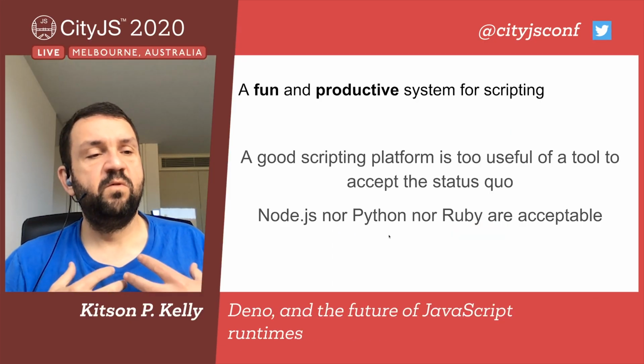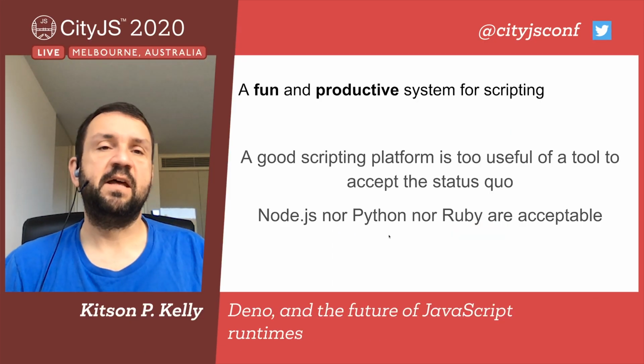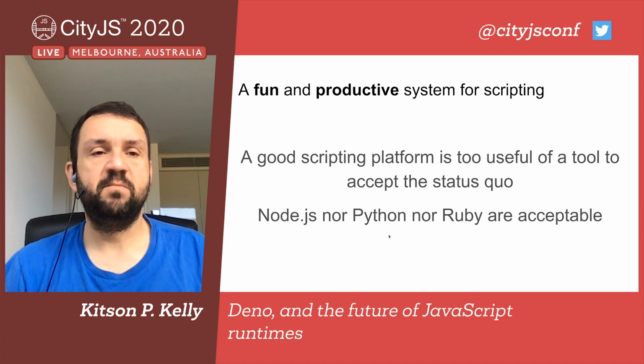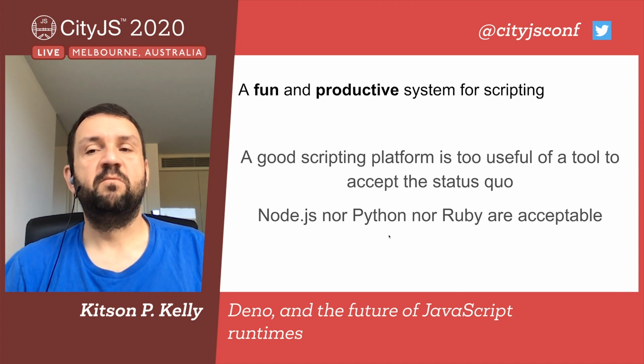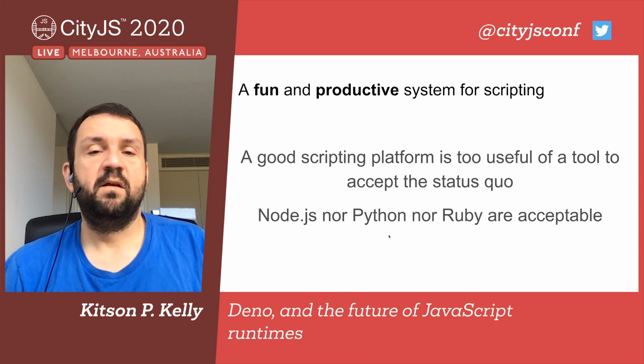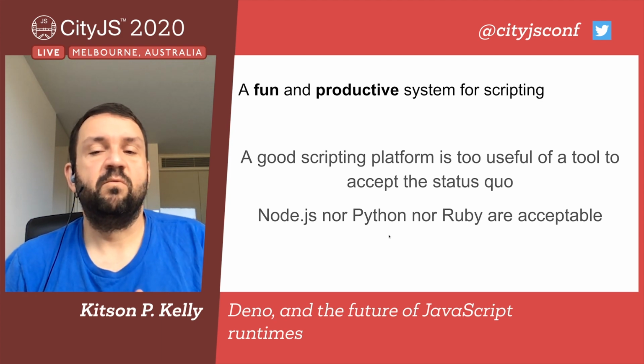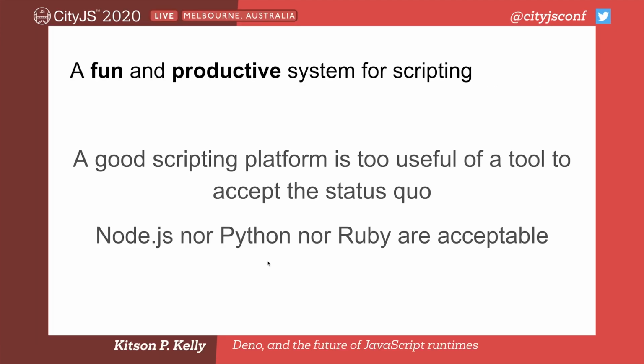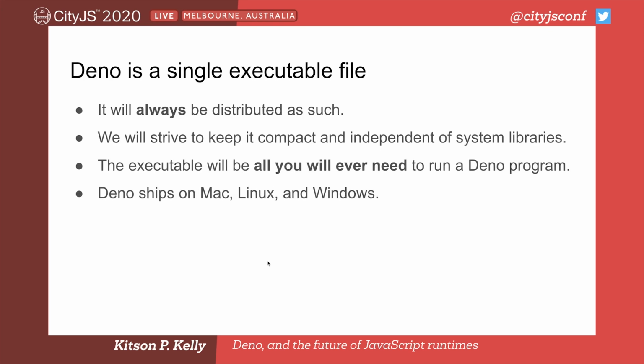So the real emphasis behind Deno is that it's a fun and productive system for scripting. A good scripting platform is really too useful of a tool to sort of accept the status quo. And neither Node.js, Python, nor Ruby really are an acceptable fun and productive scripting system. The focus with Deno then is, we want a single executable file. We want it to always be distributed as that.